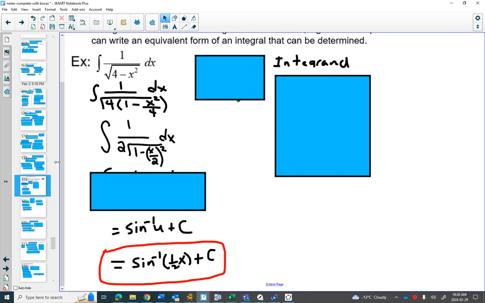So I just did an extra step. I factored out that 4. That would allow me to bring that out as a 2 in front. And then I would have 1 minus x squared over 4, but I changed the x squared over 4 to x over 2 squared, so it really looks like my purple sheet.